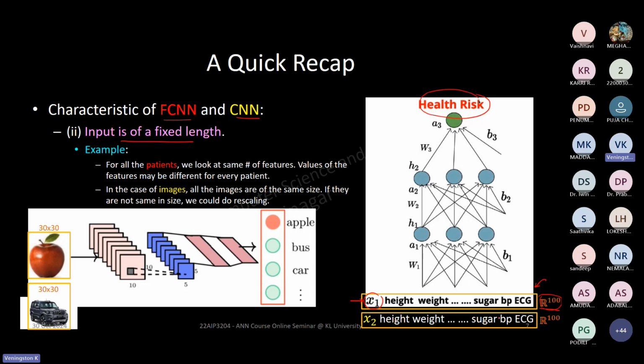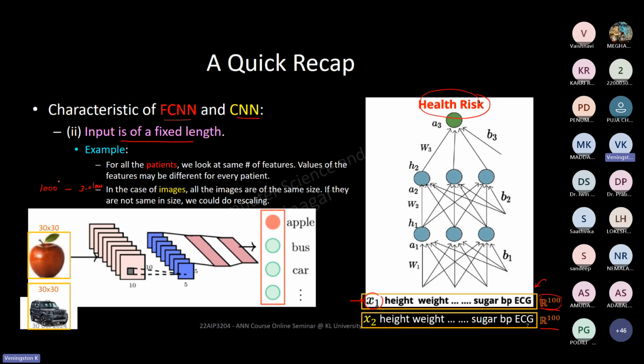Then all the instances present in the training set are supposed to be of the same size. Again, as I mentioned in the case of CNN, if we use, say, a collection of 1,000 images in order to train a classifier which can classify images into one of, say, three categories.